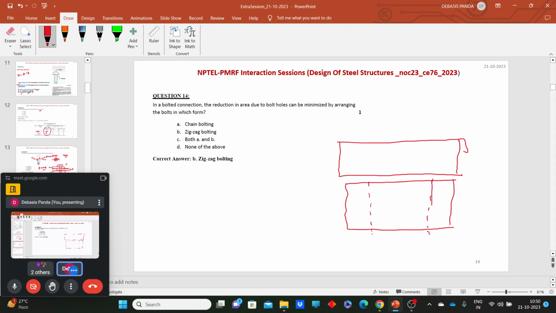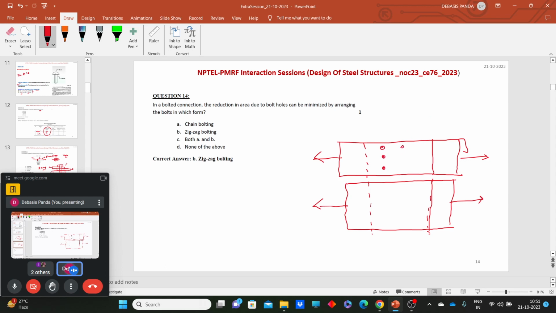Say for example, this plate is above and this plate is below, and we are applying load here. We are seeing the plan view, that means the top view. So what will happen during the load transfer or stress transfer, and why should we prefer, if that provision is in our hand, the zigzag or specifically diamond arrangement? Let's say we need to provide 2 or 3 rows of bolting.